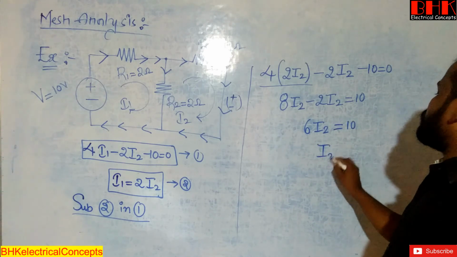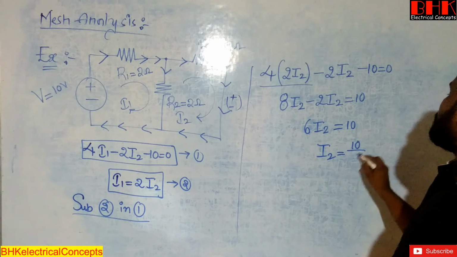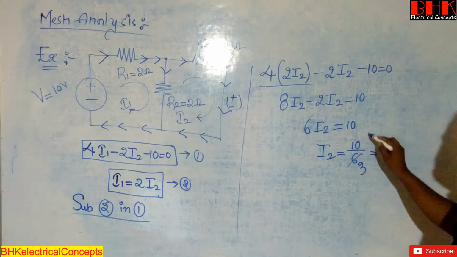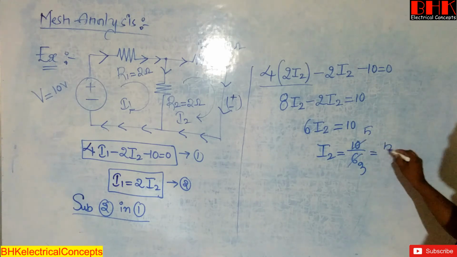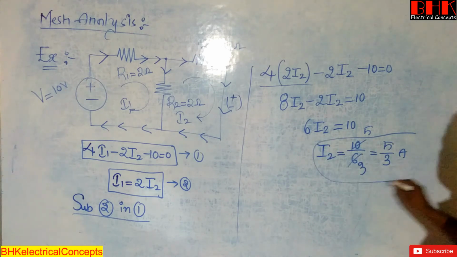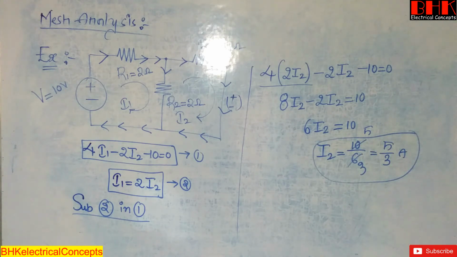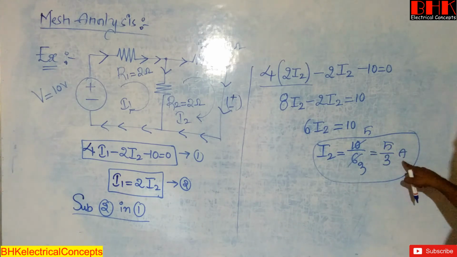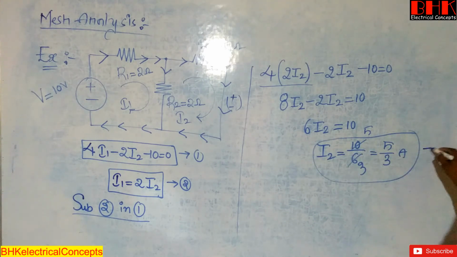Then I2 is equal to 10 by 6, so 5 divided by 3 amperes. Clear? So this is the value of I2. Now substitute the value of I2 equal to 5 by 3 in equation number 2, assume this is equation number 3.